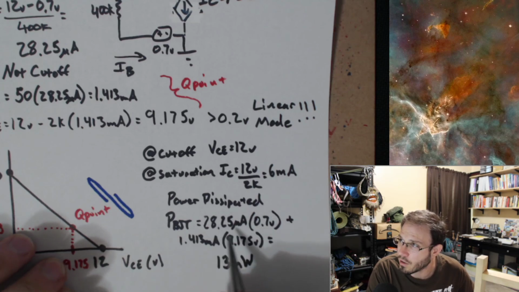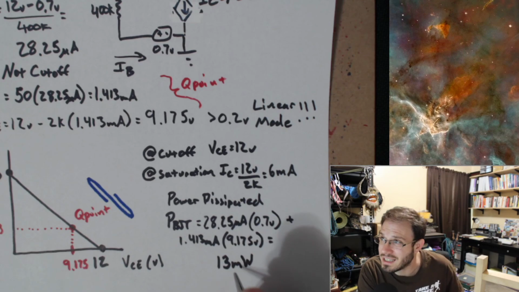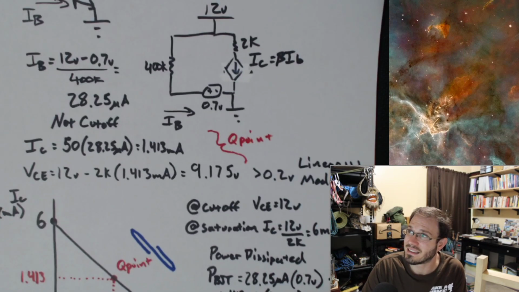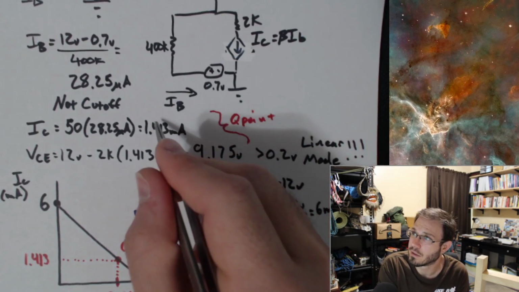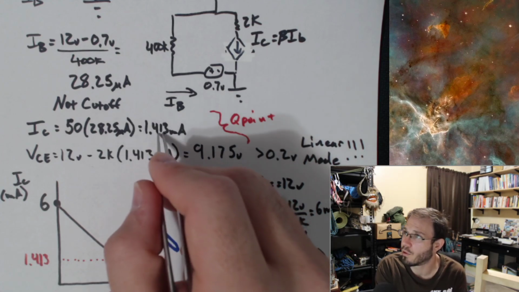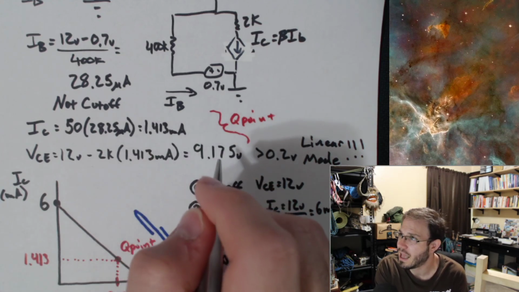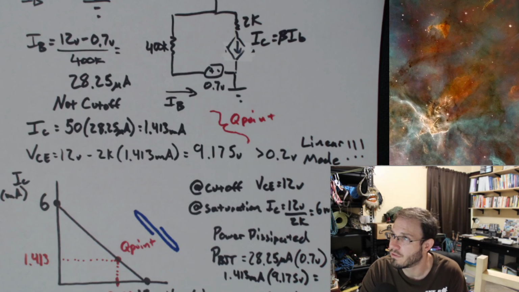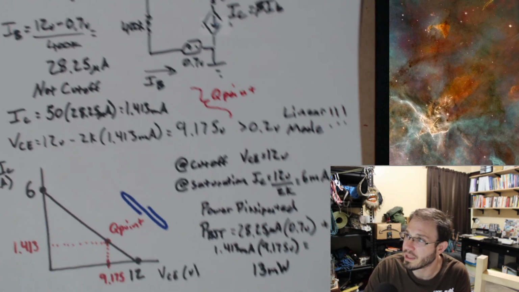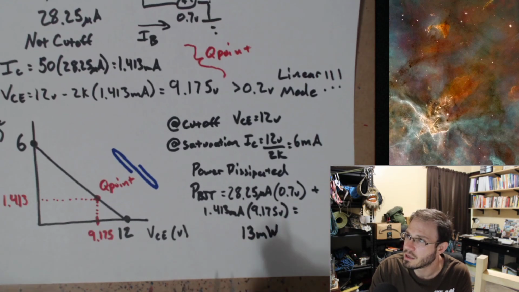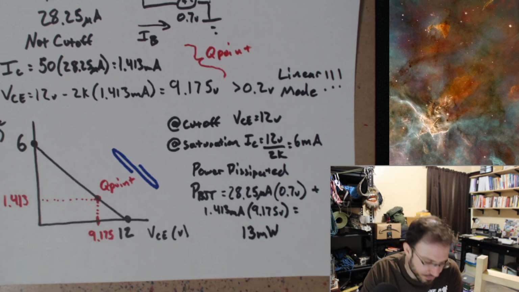So calculate all of this out and you'll find we dissipate 13 milliwatts in this instance when we have 1.413 milliamps of collector current and 9.175 volts between the collector and emitter. Okay, so 13 milliwatts.